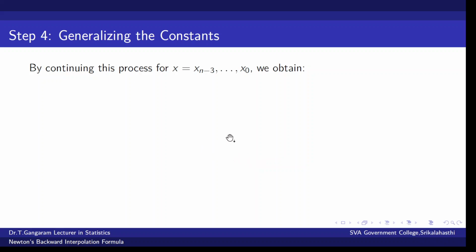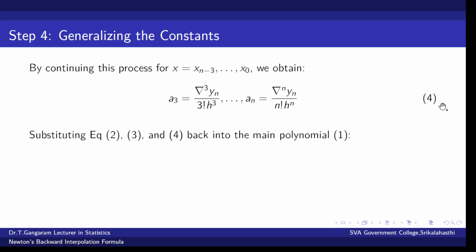By continuing this process for substituting x is equal to xn minus 3, xn minus 4, and so on, up to the last term x is equal to x0, we obtain a3 is equal to Δ³yn by 3 factorial into h cube, and so on, an is equal to Δ^n yn by n factorial into h power n. Assume that this is equation 4.